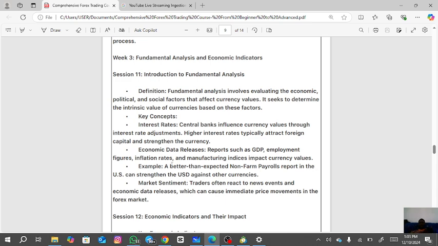What is fundamental that I'm talking about? Normally, fundamental is based on a particular country's economy. The economy of a particular country is what affects a particular currency, right? Let's take for instance the United States.